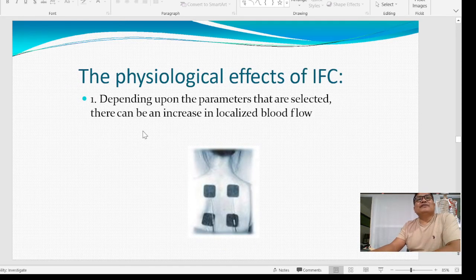So the physiologic effects of IFC is depending upon the parameters that are selected that can be increased in localized blood flow. So, mo na siya class ang pag-place. So, kani siya, isa ka channel. So, this is one channel. Okay. Then kani isa. So if this is the pain in this area, X siya. So ang current diri mo flow, diri mo flow pod.